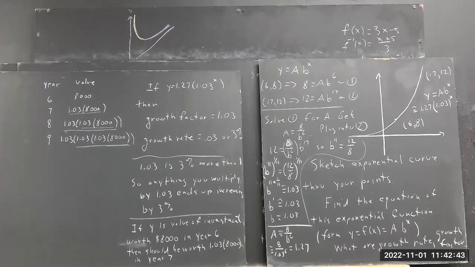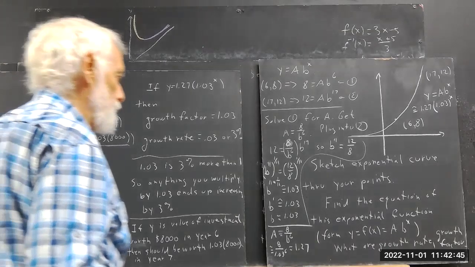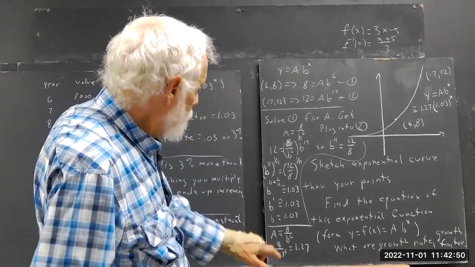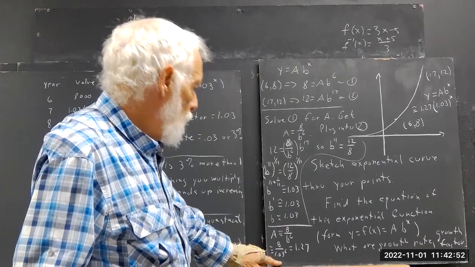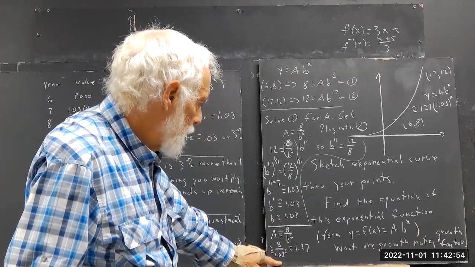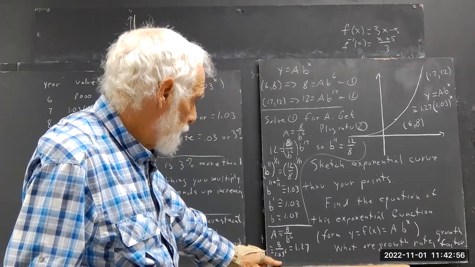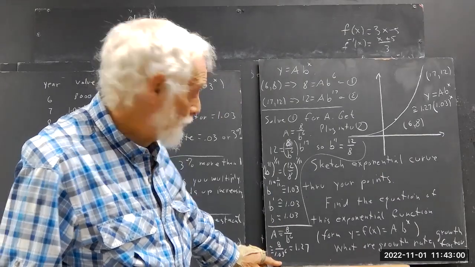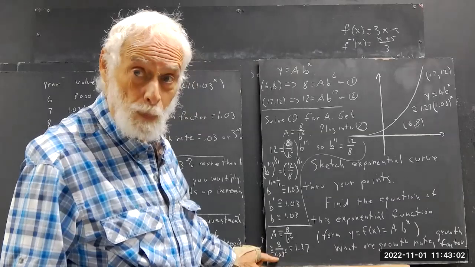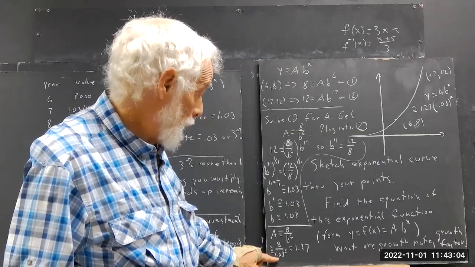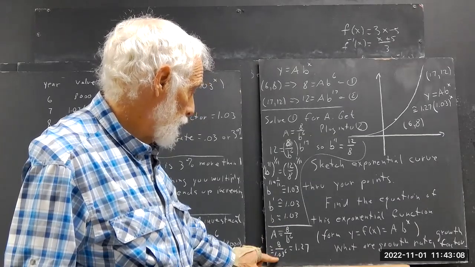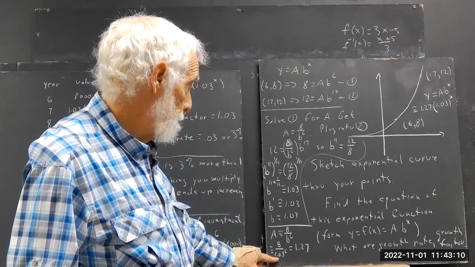Not unexpectedly, I made a mental error here. 1.03 to the 6th power should be 1.27. I should be dividing 8 by 1.27, which is the same as taking 4/5 of 8, which would be 32 over 5, which would be 6 point.